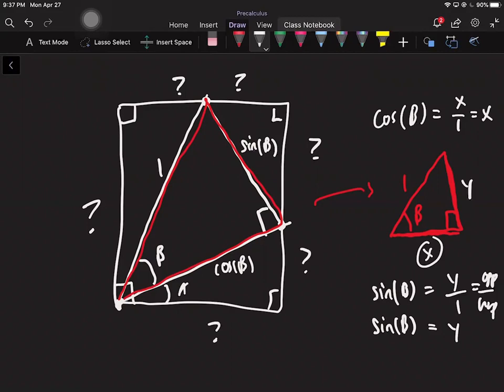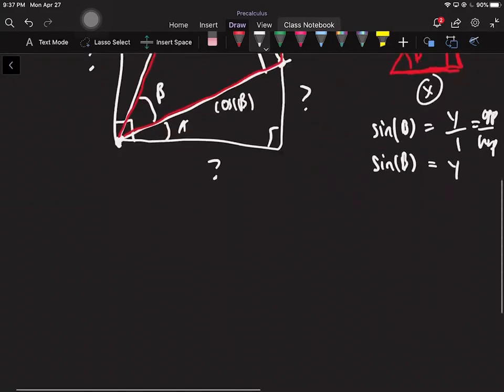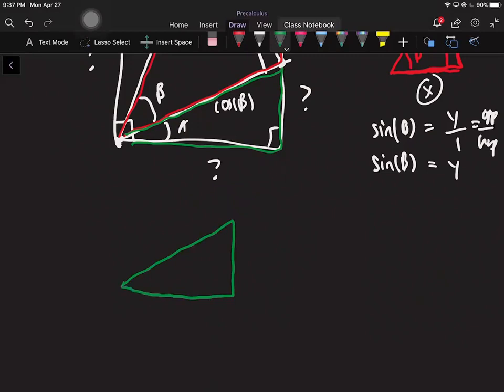How about if we look at this triangle, this green triangle here. So let's think about that triangle. So now I know that this length is cosine of beta.